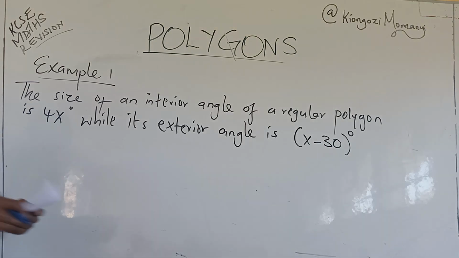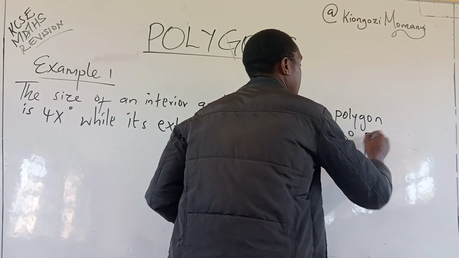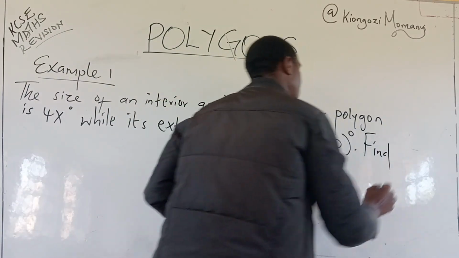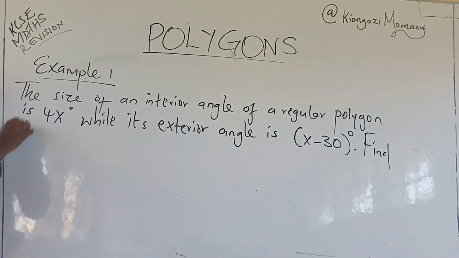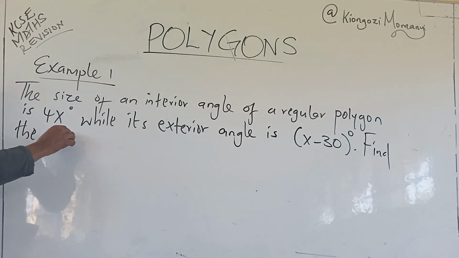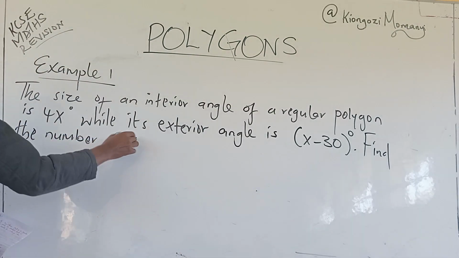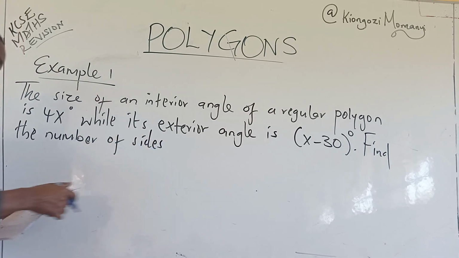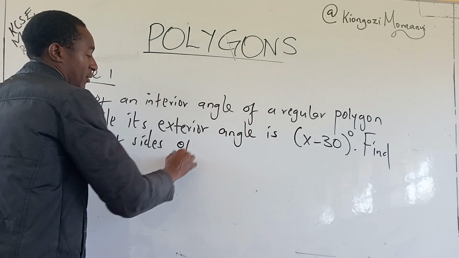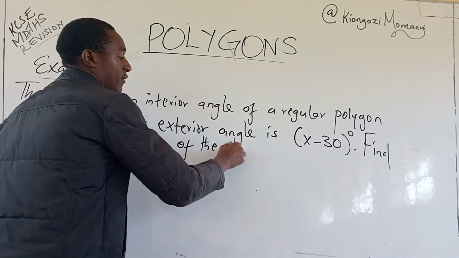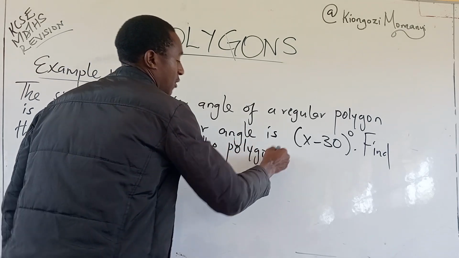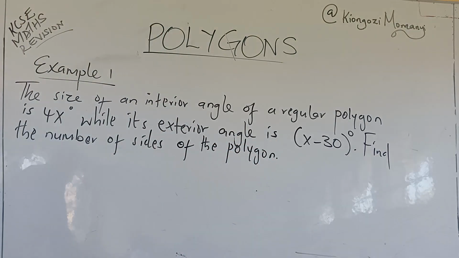Find the number of sides of the polygon. So, solution here.